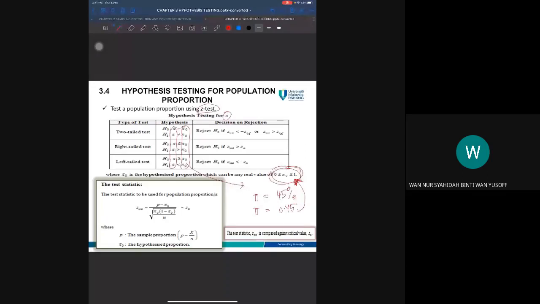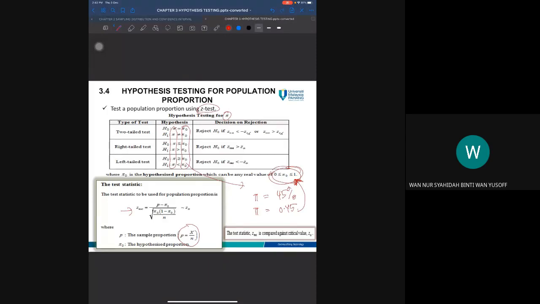Similar to the confidence interval, we have a single formula for this case. We have the Z test here, and a similar formula to find P, X divided by N. But be careful, sometimes we do have P already in the question, not the X, so use it as it is.